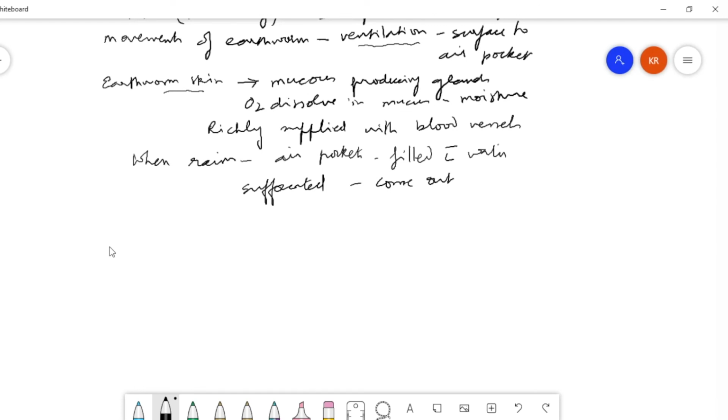That is the reason why earthworms come out when it begins to rain, because the air pockets contained oxygen, and now they are all full of water, so gas exchange cannot take place. They get suffocated, and therefore the earthworm comes out, which coincides with their breeding season. So it's just an interesting factoid which you might consider.